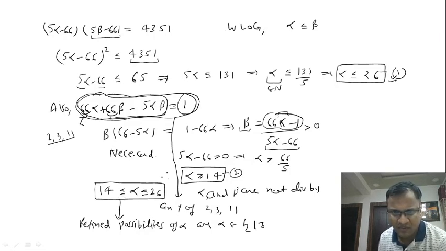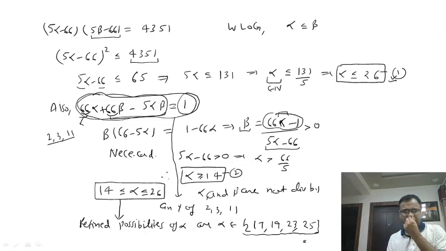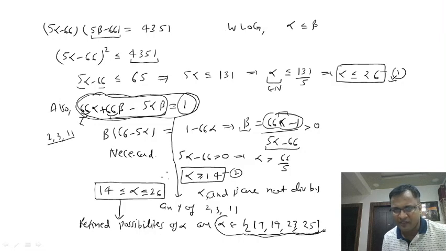Yeah, 17 is okay. 18 rejected. 19 is okay. 20 rejected. 21 is divisible by 3, so not allowed. 22 rejected. 23, the prime number, no issue. 24 is again even, and 25 is not divisible by 2, 3 or 11. So the possible values of alpha are 17, 19, 23 and 25. Okay, we have four possible values of alpha.